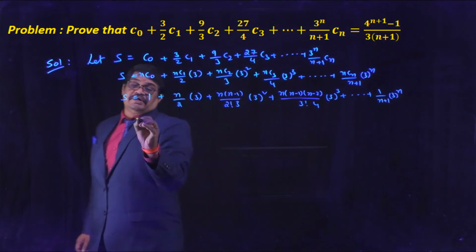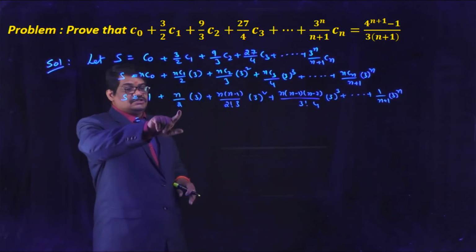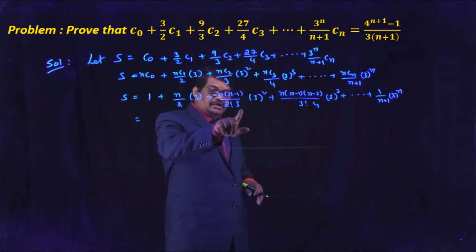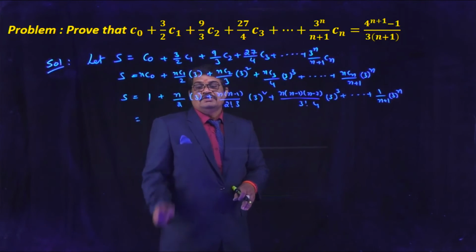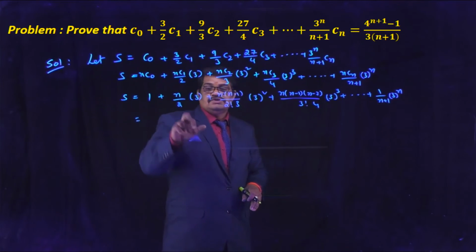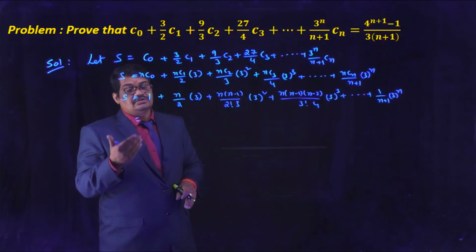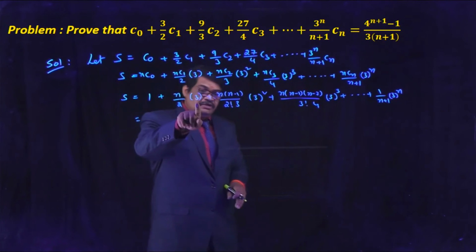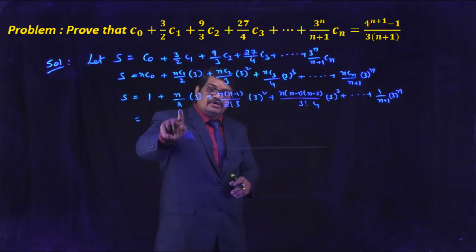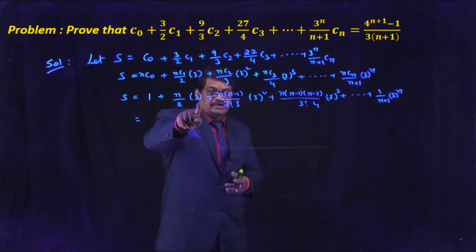Now, in the denominator, 2 can be written as 2 factorial, and 2 factorial into 3 can be written as 3 factorial. The numerator has 3 terms for 3 factorial, and for 2 factorial 2 terms, with 3 square, since the power of 3 in the second term of the binomial expression is 2.